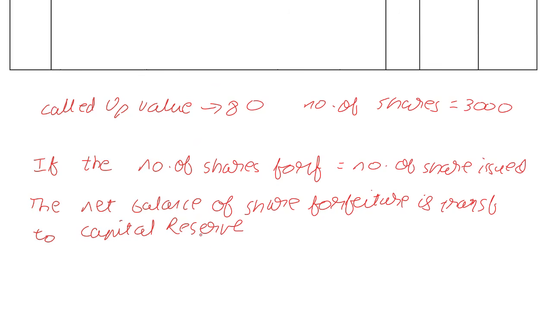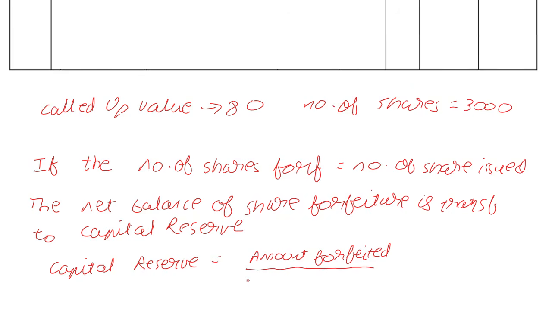Okay. And that's why we have to use a formula to calculate. And that formula for capital reserve is equal to amount forfeited upon number of shares forfeited minus discount.